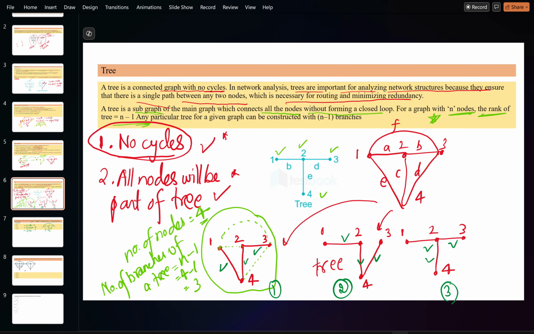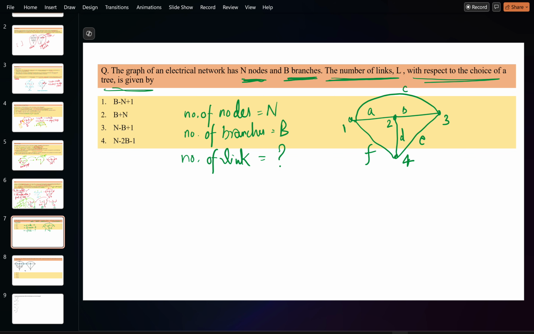So there is a difference between edges and links. Edges are part of the graph, but links can be different. Links can be part of a subgraph as well. So their numbers cannot be equal in every sense. The branches will be part of the graph; in the graph which we have taken, there are six branches.